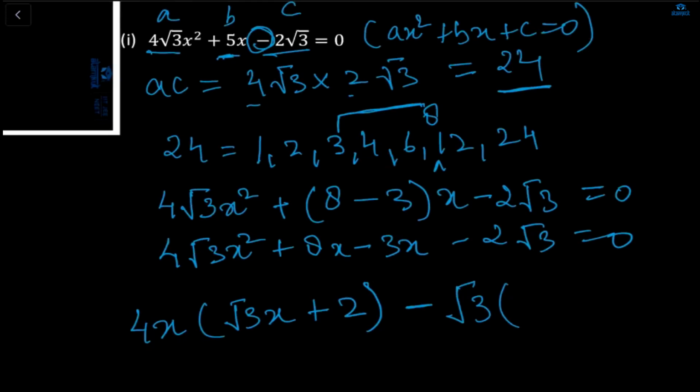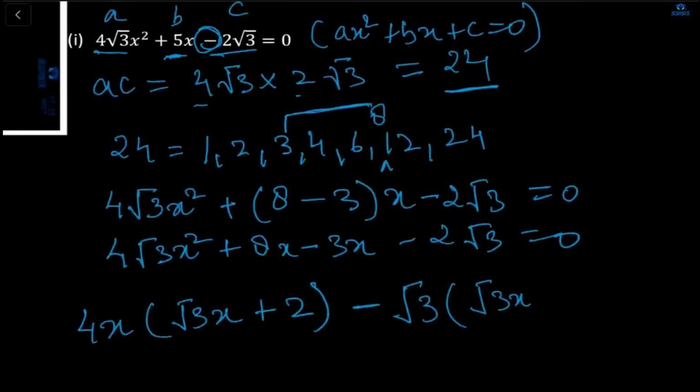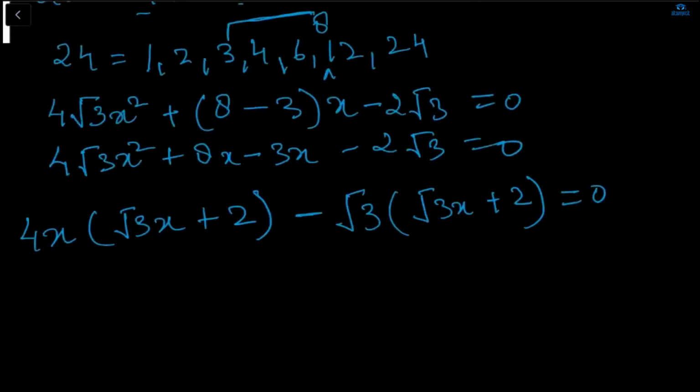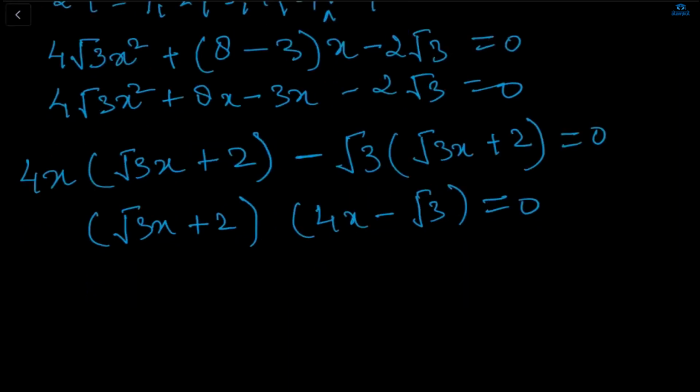So what we will get? Root 3 x plus 2, because we have taken minus as common. So it will be root 3 x plus 2 and 4x minus root 3 is equal to 0. Okay, so you will get x value equal to minus 2 upon root 3 and x value equal to root 3 upon 4.